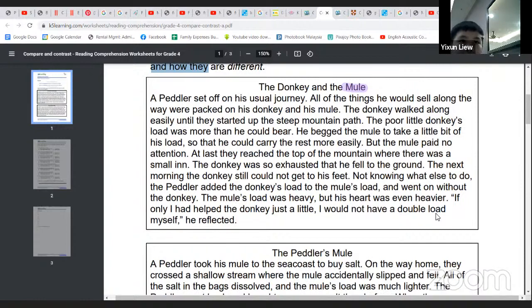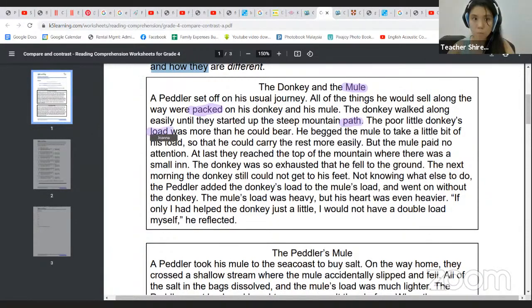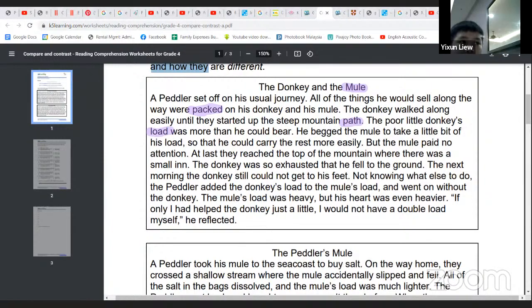The donkey walked along easily until they started up the steep mountain path. The poor little donkey's load was more than he could bear. He begged the mule to take a little bit of his load so that he could carry the rest more easily, but the mule paid no attention.